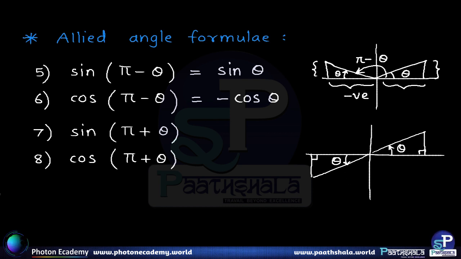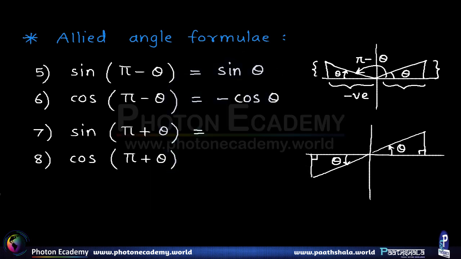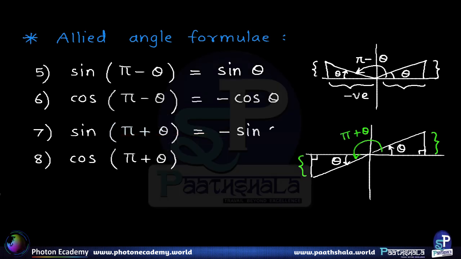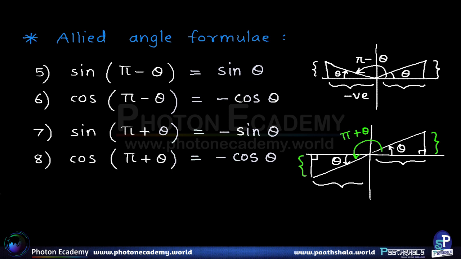So if you want to calculate the sine of the new angle, where the total angle is pi plus theta, the sine is the y coordinate, which is exactly the same in magnitude as the sine of the original, but it will be negative. So it is minus sine theta. And the x coordinate is also the same in magnitude as the cos of the original angle, but it will be negative because it is on the negative x-axis. So we have cos of pi plus theta as minus cos theta. So this is how we derive the allied angle formulae.